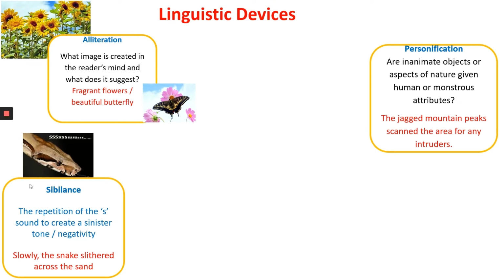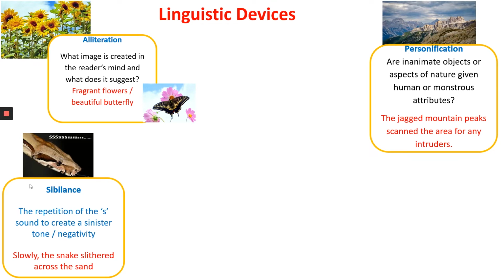Perhaps they're looming over the whole terrain in quite a threatening way, in a menacing way that's almost like soldiers guarding a fort. So here the mountain is given the human qualities of looking around and watching and guarding the area. So that is your example of a personification.